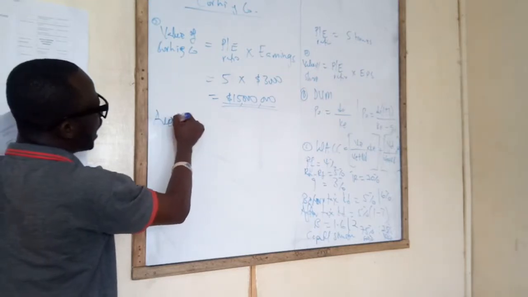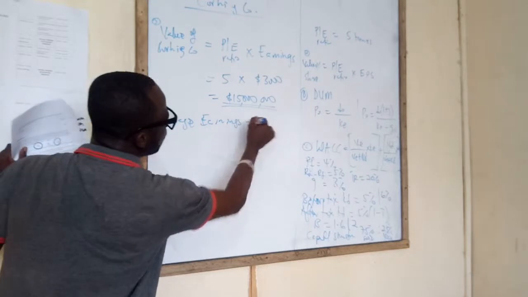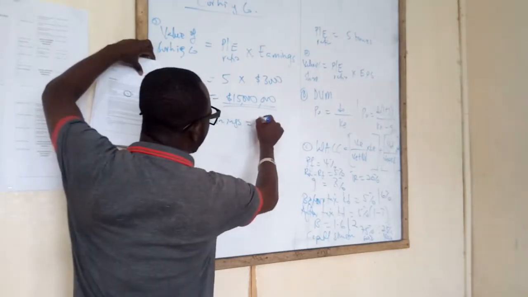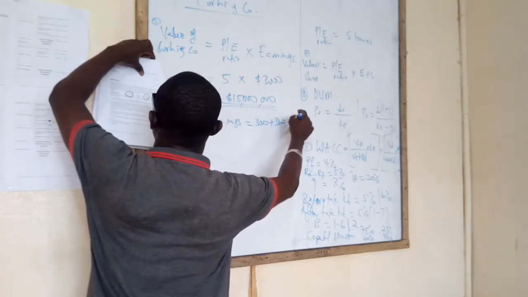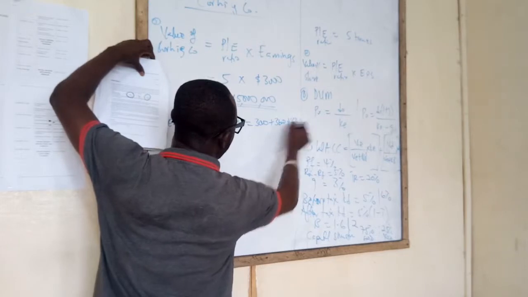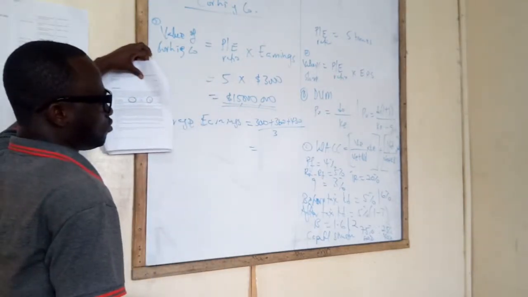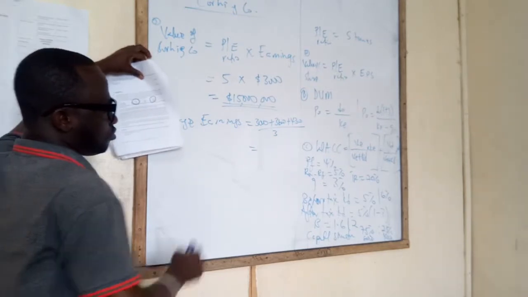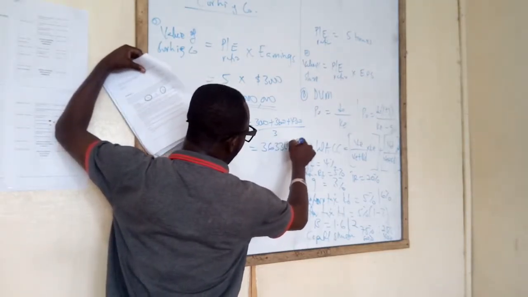Now, assuming you use the average earnings, what will the average earnings be? It will be 3,000 plus 3,600 plus 4,300 divided by 3. What do you have? $3,633,000.